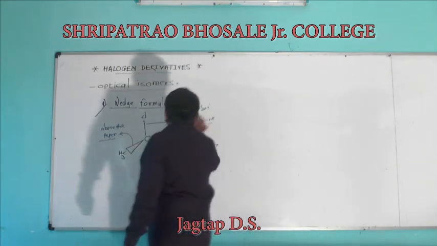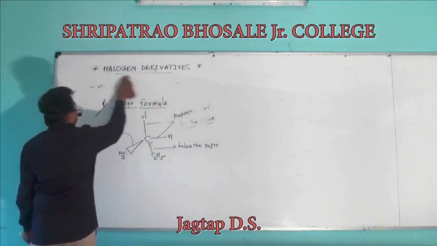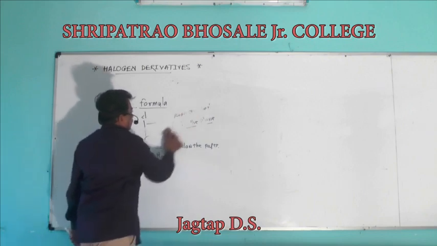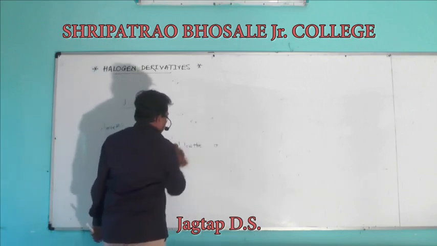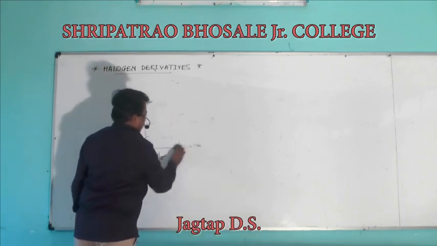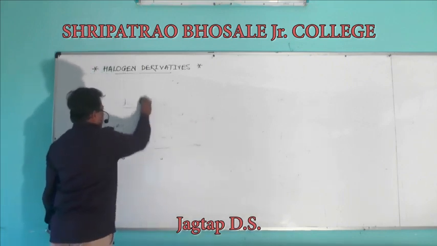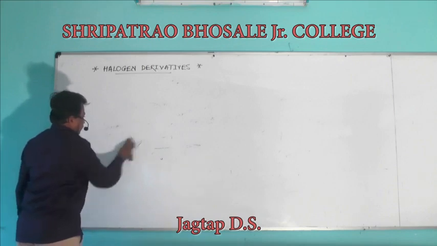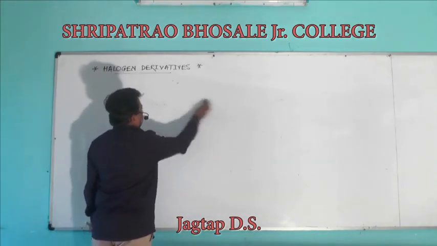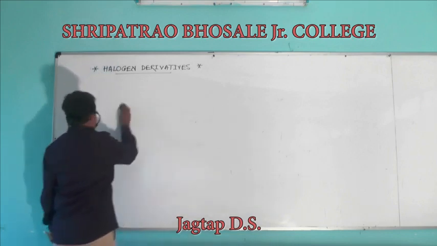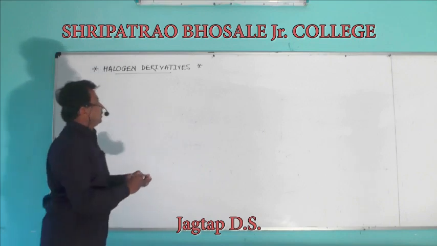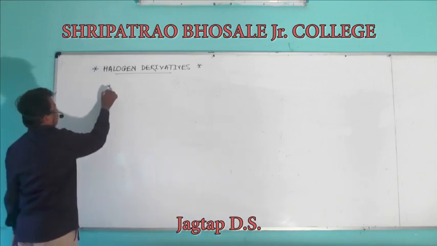The optical activity of an organic compound may be explained by the following 3 points. For example, optical activity of 2-chlorobutane. Then we are going to explain the optical activity of 2-chlorobutane.